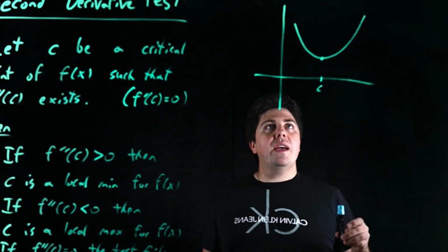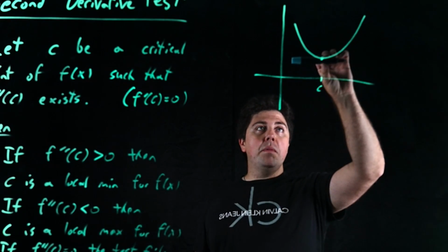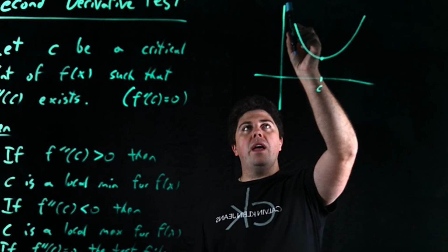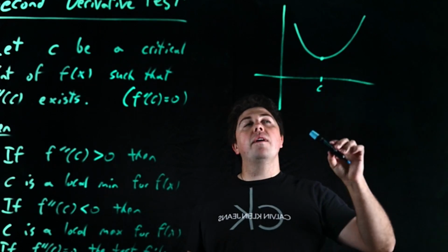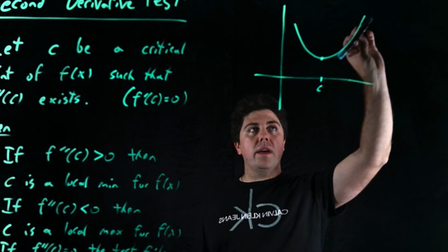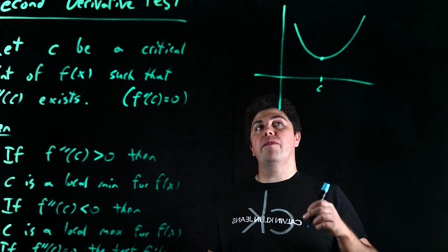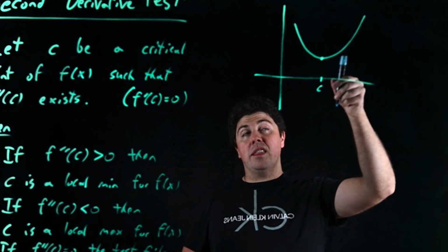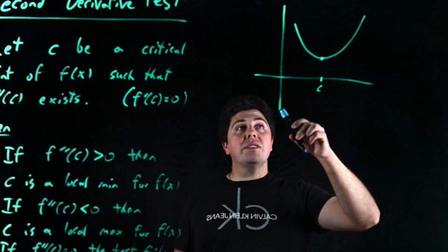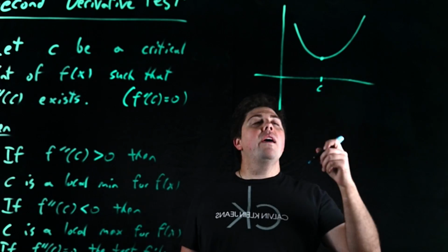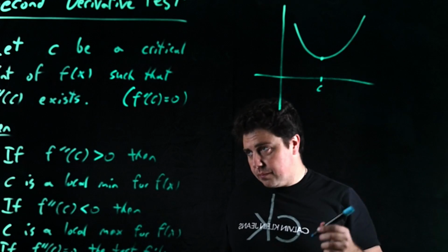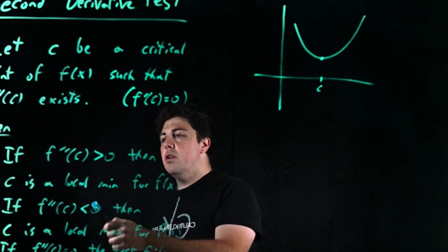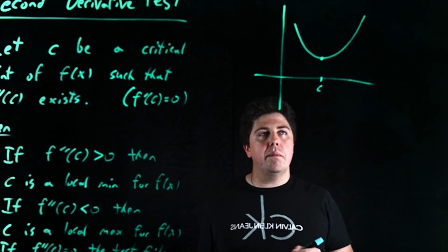If you think about the tangent line, at this minimum the tangent line is 0, but beforehand it's going up, up, up, so you can think of the tangent line's slope as growing, which means that the acceleration of this guy, if you think of this as the path of a particle in space, is positive. And positive acceleration means that the second derivative is positive. So that's why this condition here will force c to be a local minimum.